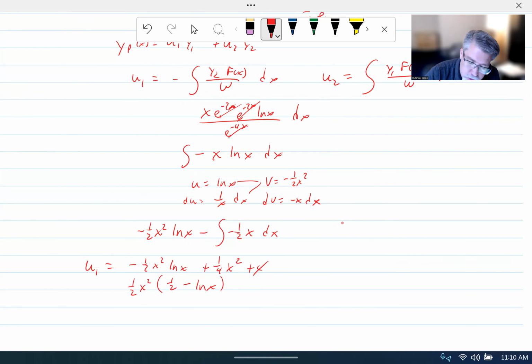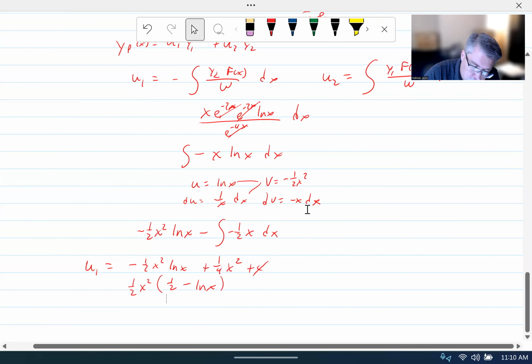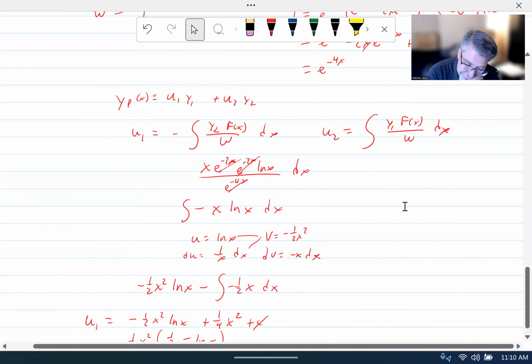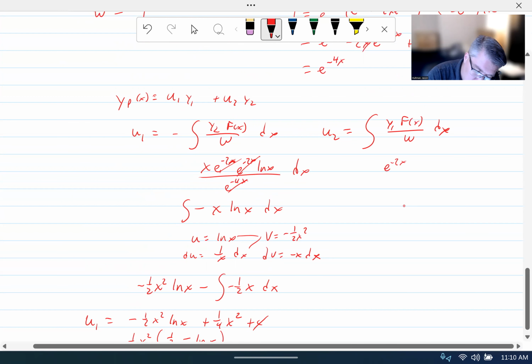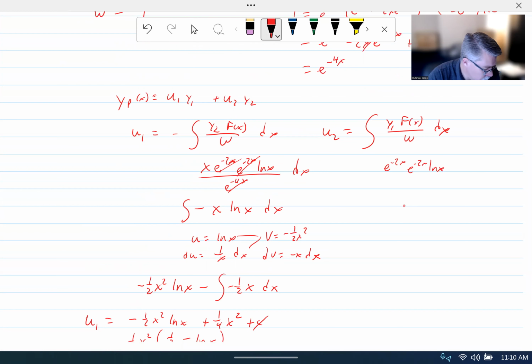Okay, let's look at u2 now. Okay, u2 is going to be y1, which is just e to the negative 2x, times f of x, which is e to the negative 2x natural log of x, all over the Wronskian, which is e to the negative 4x, dx, integrate.